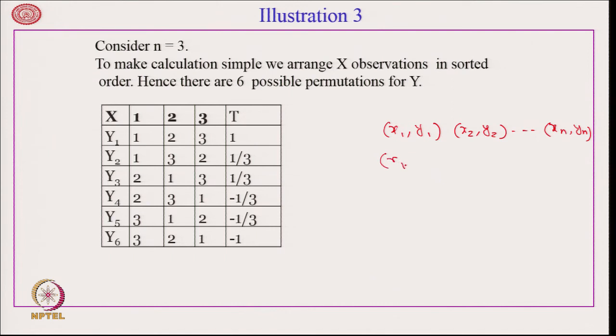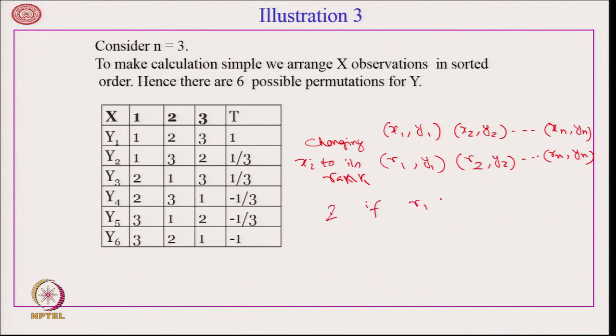Let me write it down for you: changing x i to its rank, we get R 1 y 1, R 2 y 2, R n y n, and if R 1 is less than R 2, less than R 3, less than R n, then this gives us the form 1 y 1, 2 y 2, up to n y n, where 1 is the rank of x 1, 2 is the rank of x 2 and n is the rank of x n.